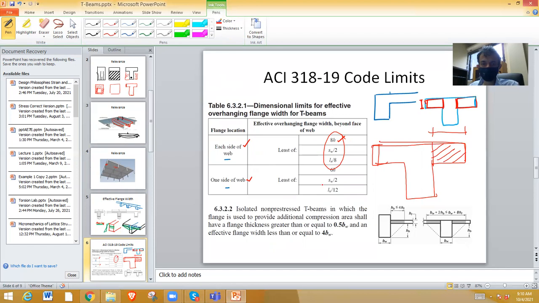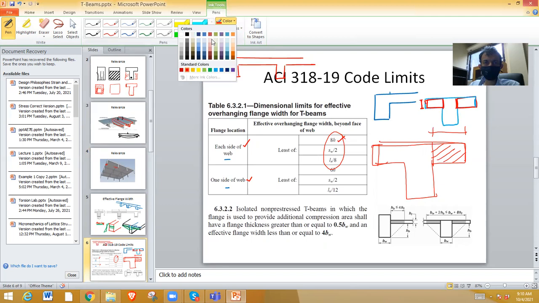sw by 2. What is sw? If you have beams like this, sw is the clear spacing between these beams. And ln, what is ln? ln is the clear span.